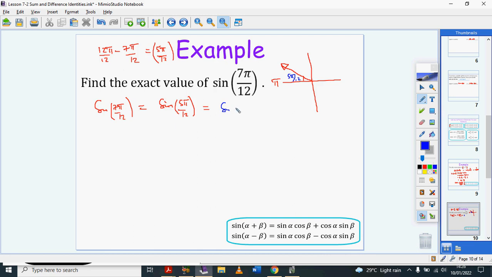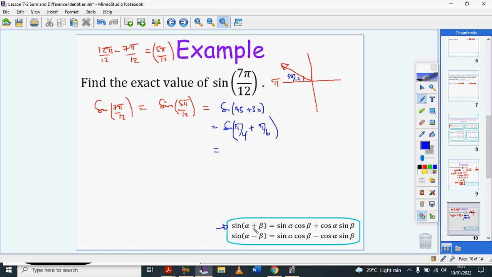I know 75 degrees is the same as 45 plus 30, and I know that 45 is pi over 4 and 30 is pi over 6, right? Does that give me 5 pi over 12? Let's see. LCM is 12, correct? Yeah. Okay, so sine of pi over 4 plus pi over 6, I'm going to use the sum formula for sine, which is over here.